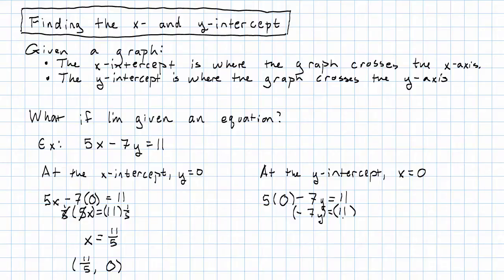Multiply both sides by negative 1/7. Negative 1/7 and negative 7 cancel, and I'm left with y equals negative 11/7. My y-intercept is x equals 0, y equals negative 11/7.